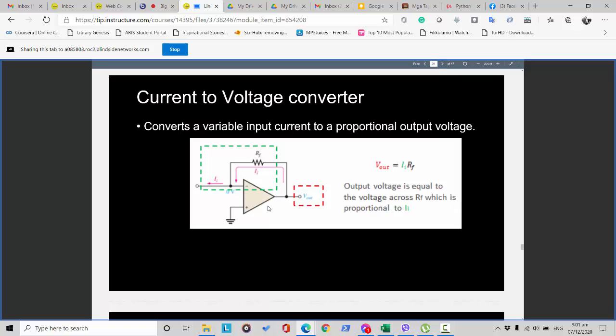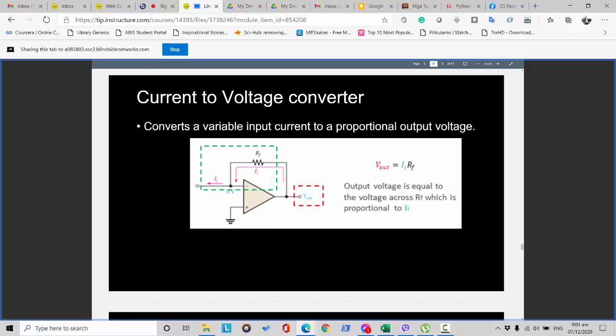This current to voltage converter will produce a voltage proportional to the given current, and this circuit is required if you are, for example, measuring an instrument, or you have a measuring instrument capable of measuring voltages, and you need to measure the current output.